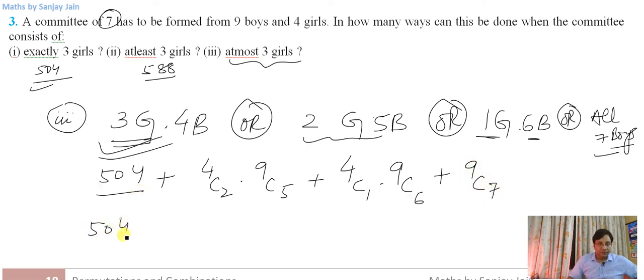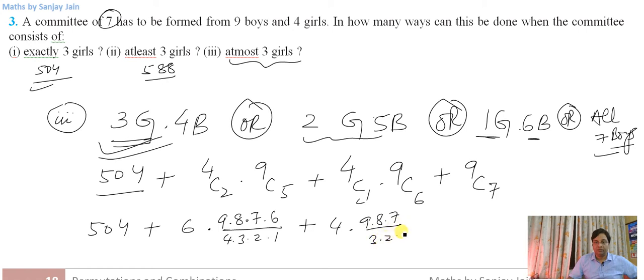This is 504 plus this is 4 into 3 by 2 into 1, so 6 into 9C5. 9C5 is 9 into 8 into 7 into 6 divided by 4 into 3 into 2 into 1 plus this is 4, this is 9 into 8 into 7 by 3 into 2 into 1, because 9C6 or 9C3 both are same. 9C7 and 9C2 both are same, so I can write it as 9 into 8 by 2 into 1. So this is the calculation left that you have to do.